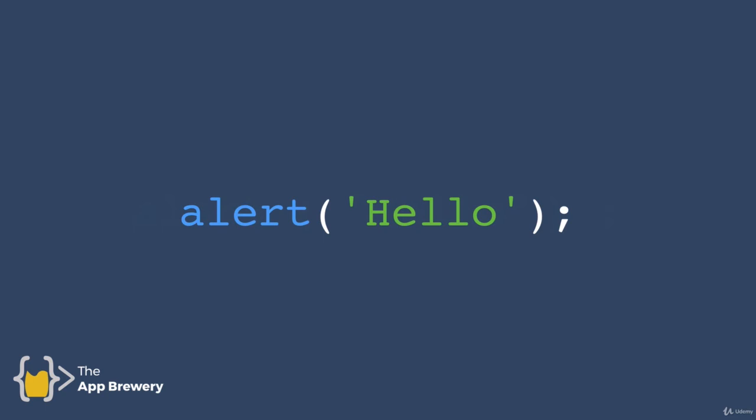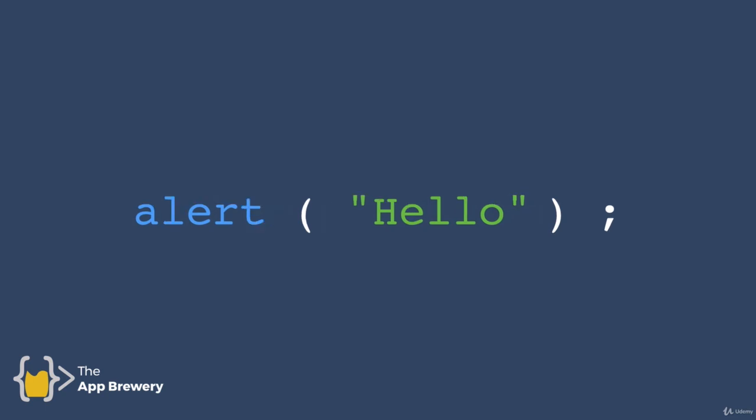And later on, I'll show you cases where the single quotes are preferred. But when we're talking about a quote, a string, a piece of text, basically something that we're writing and we're telling the computer that this is not code, this is just text, so that it doesn't treat it as a keyword like alert, then we're going to be using the double quotes.